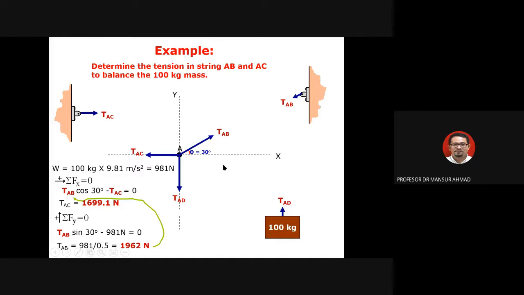It's not asking you to calculate the tension in string AD.